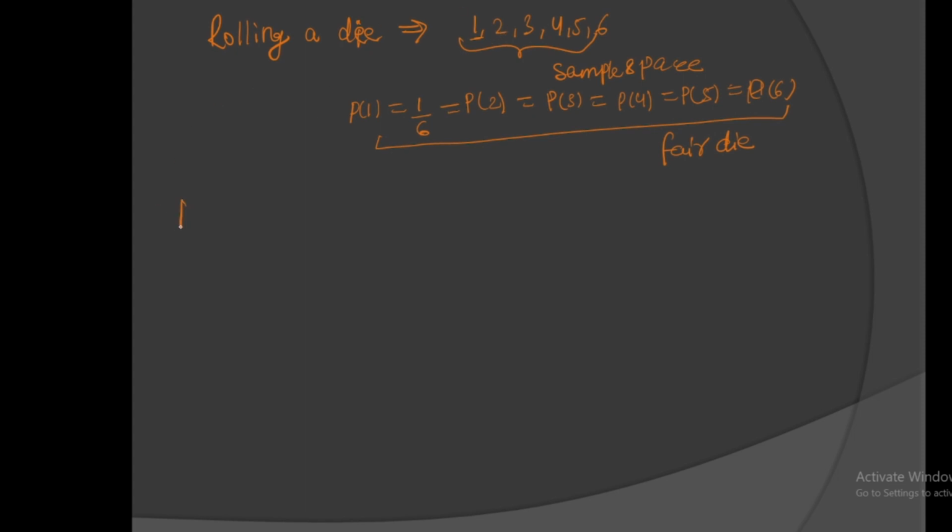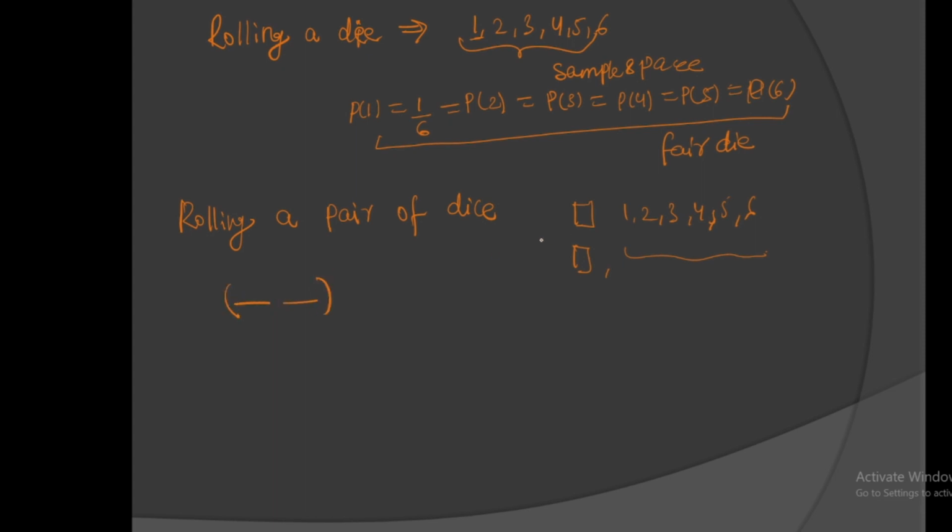So now when we roll a pair of dice, on the very first die we have numbers 1, 2, 3, 4, 5, 6, and on the second die also we have the same numbers. So when you roll it, how many possibilities will you get?